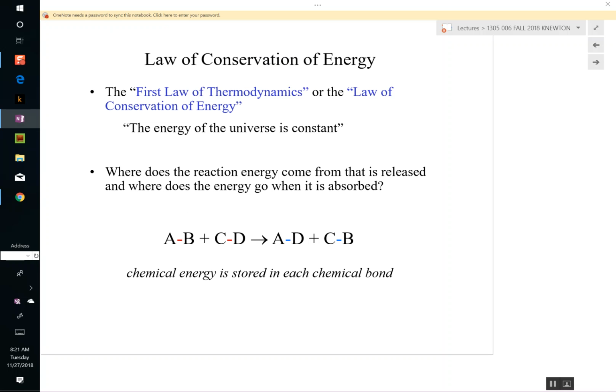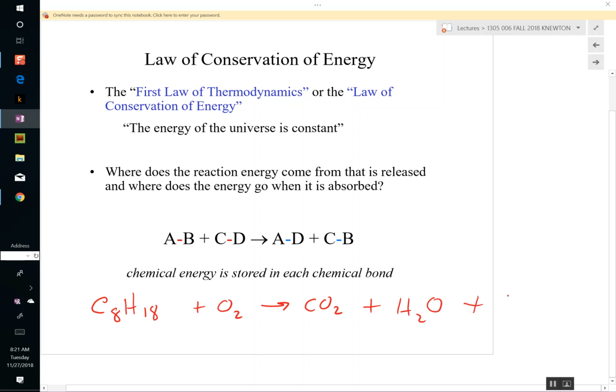All right, if we're talking about this gasoline, where does this energy come from? So this is kind of a general reaction.